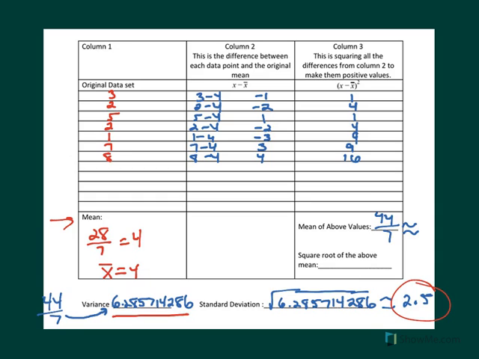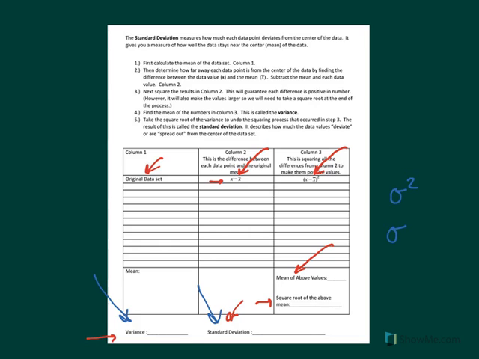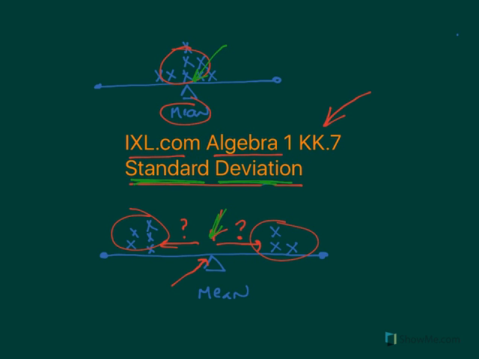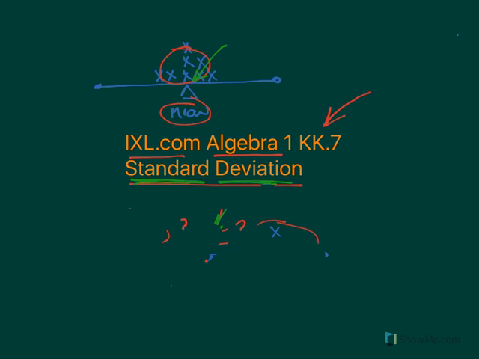So on average, your original data points were about 2.5 off of the mean. So if you wanted to look at that as a visual, we had said our mean was 4.